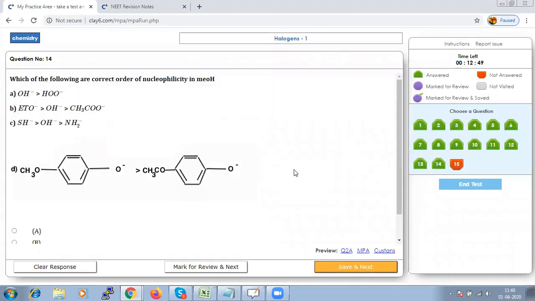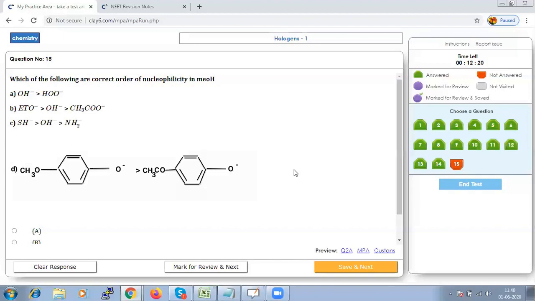Which of the following is the correct order of nucleophilicity in MeOH? When we talk about nucleophilicity, we have to understand that EtO minus is more nucleophilic than your OH minus.